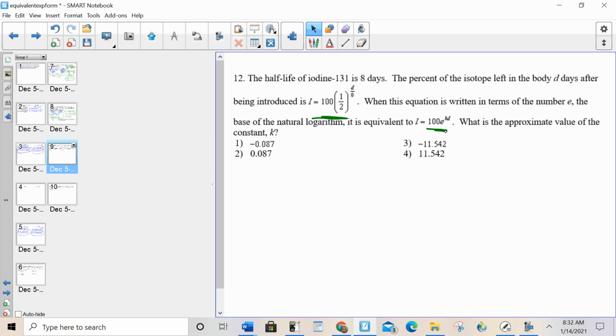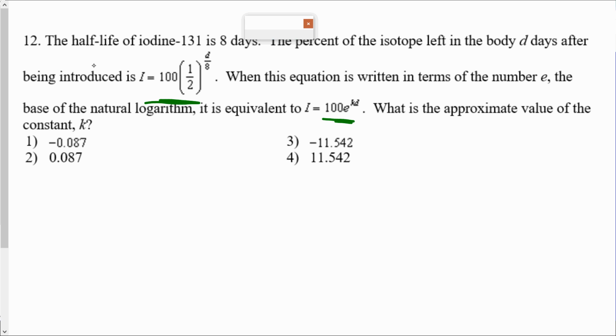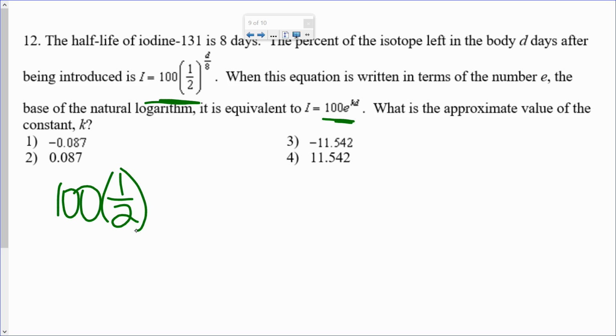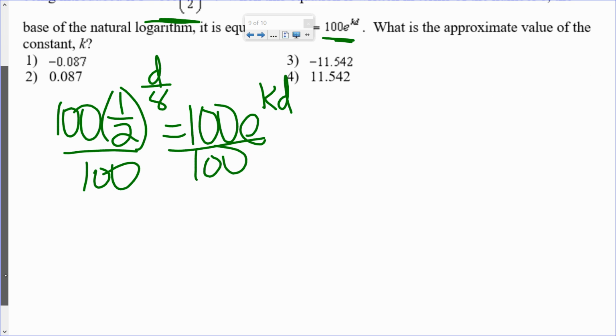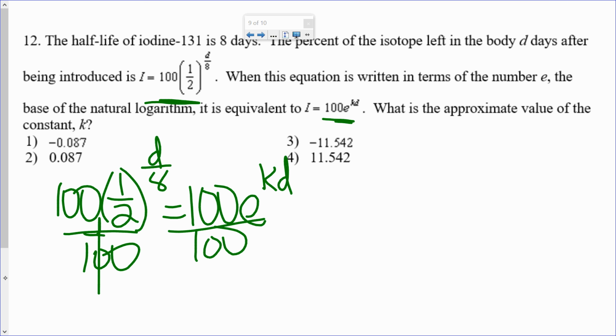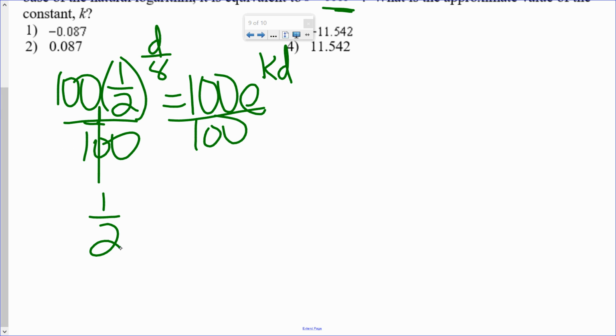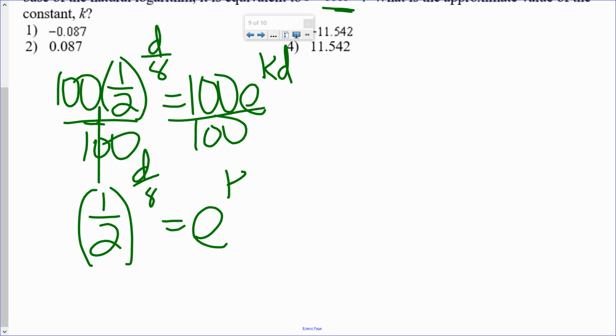Okay, now that you tried this on your own, let's do it. I will go over it for you. 100 times 1/2 to the d over 8 equals 100 e to the kd. I'm going to divide the 100 away. That's going to give me 1/2 to the d over 8 equals e to the kd. Now, ln of both sides.